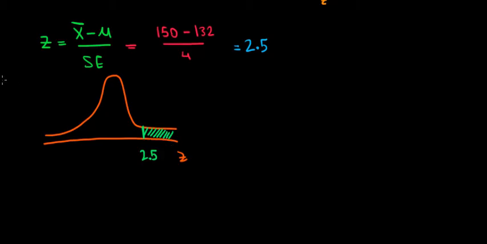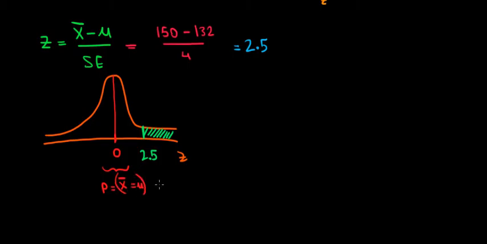Now before going further, let me draw something else, which is the middle of the Z distribution. The middle of the Z distribution is going to be 0, because 0 happens to be the probability that the sample mean that we're finding equals the population mean.